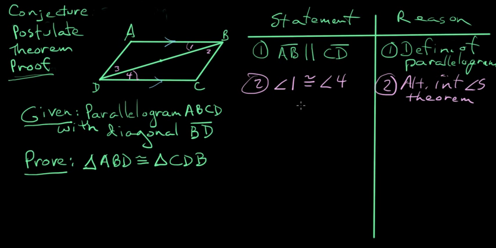So we know 1 and 4 are congruent. Let's try another one here. Number 3, it says AD is parallel to CB.